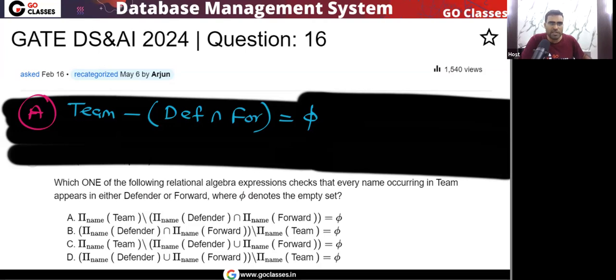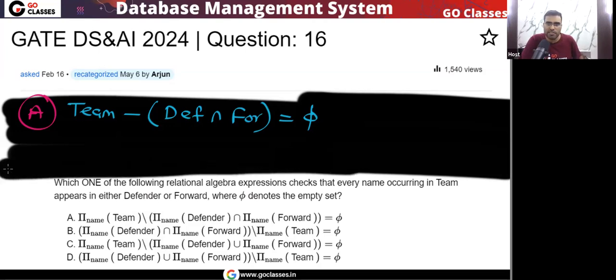Please understand, this is very simple. For a moment, assume this is R and this is S. R minus S is phi. What does that mean?